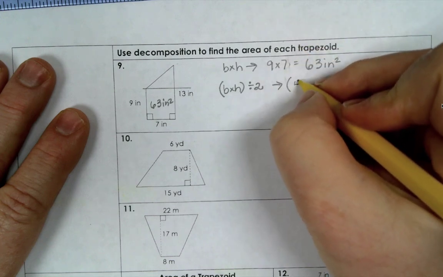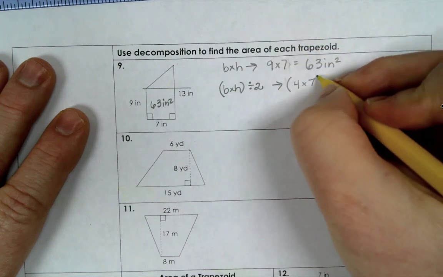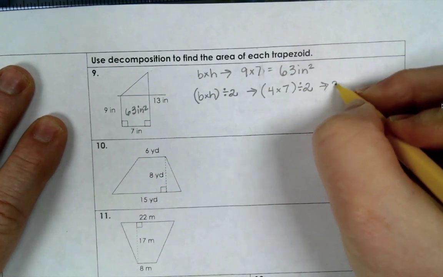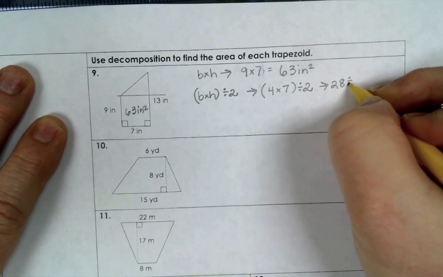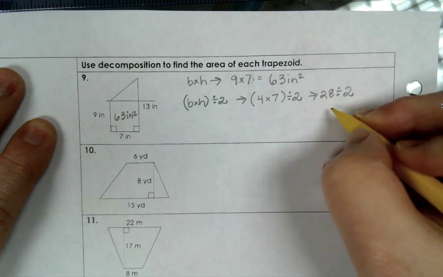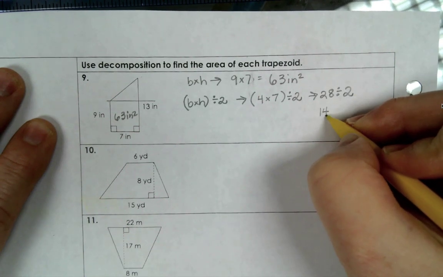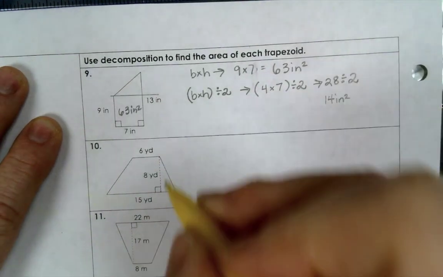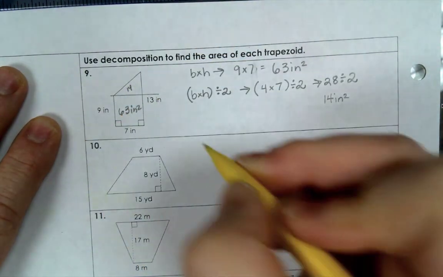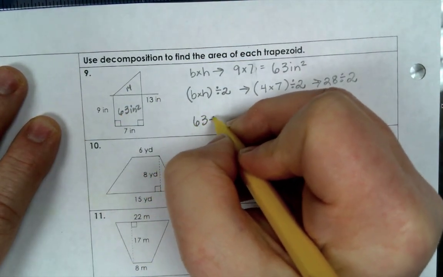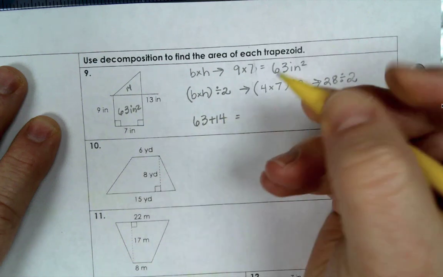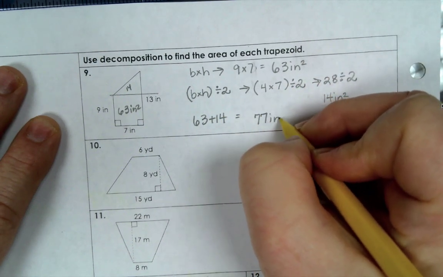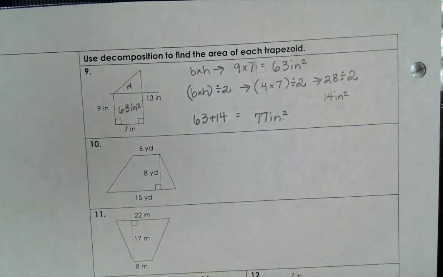So 4 times 7 divided by 2, which is 28 divided by 2, which is 14 inches squared. So we're going to add 63 plus 14, and we get 77 inches squared.